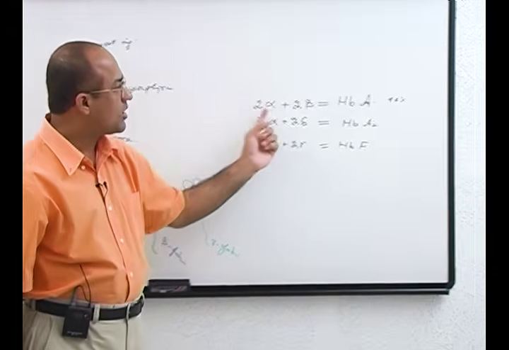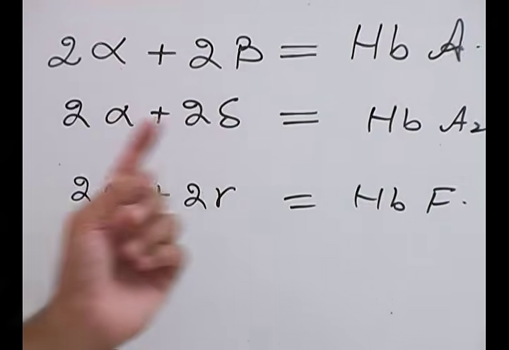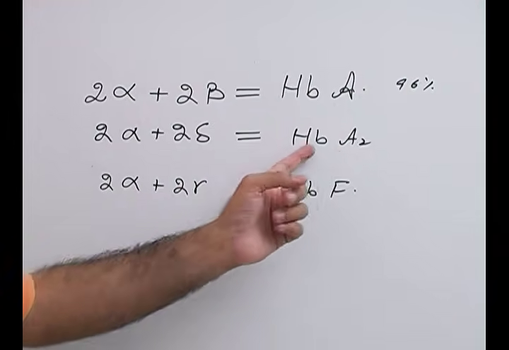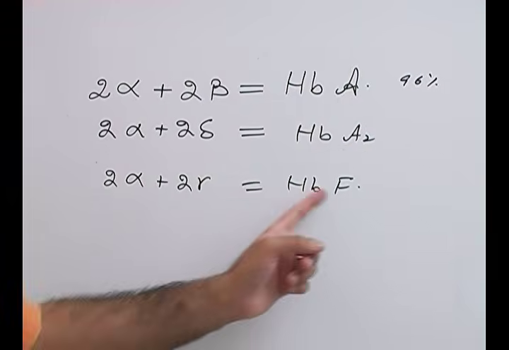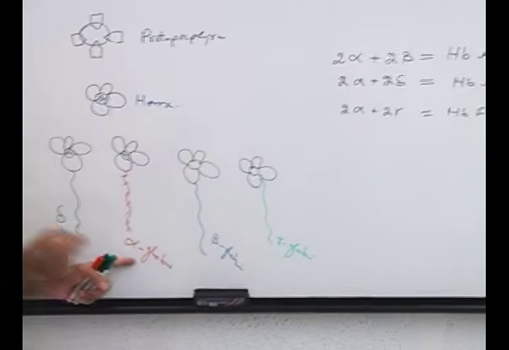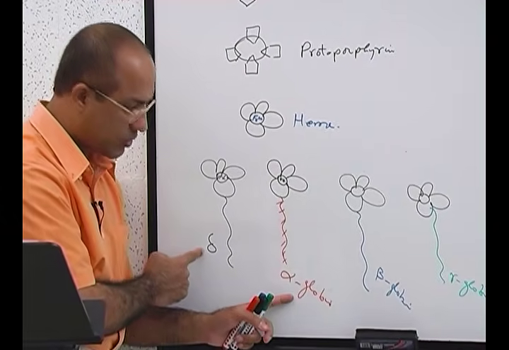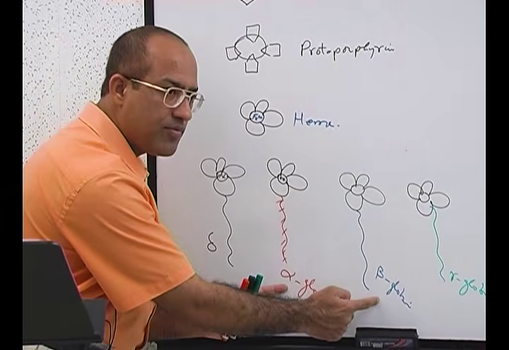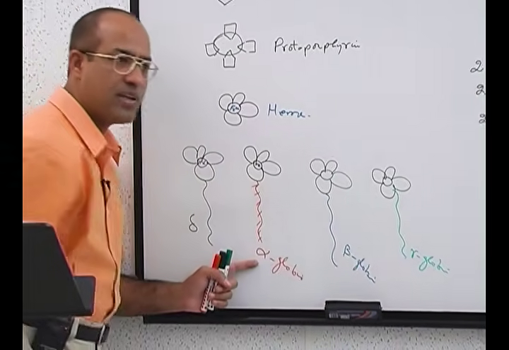If two alpha are with two beta, this becomes adult hemoglobin A. If two alpha are with two delta, then it is hemoglobin A2. And if there are two alpha with two gamma, then it is hemoglobin F. Now let's have a test. If two alpha with two delta, what will they make? Hemoglobin A2. If two alpha with two beta, hemoglobin A. If two alpha with two gamma, hemoglobin F.